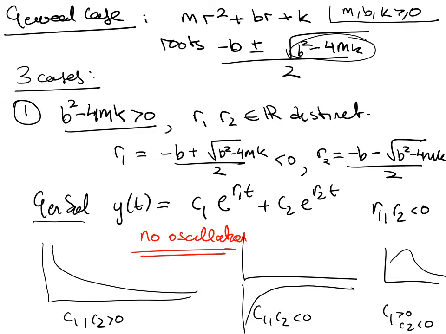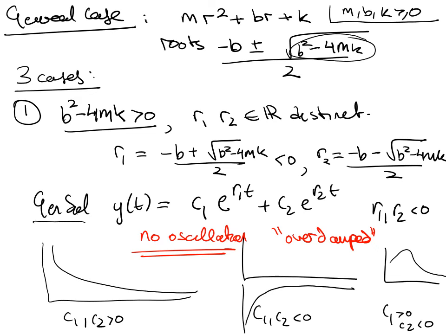Okay, so these graphs look very different from the sine that I drew on the previous slide. The high level summary is that if you have distinct real roots, you don't have oscillation, and such a system is called overdamped.